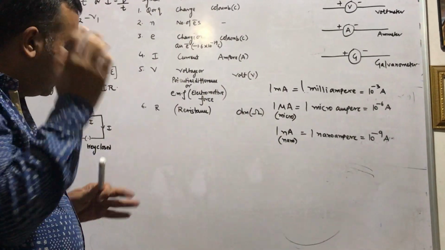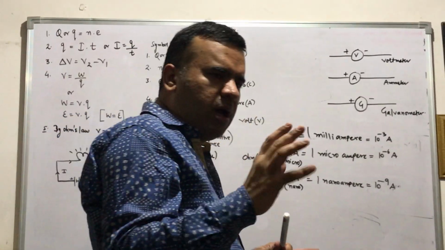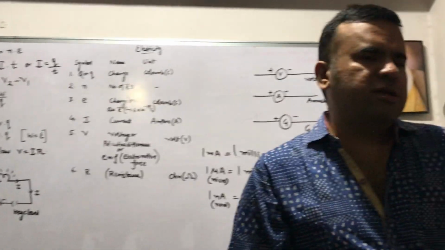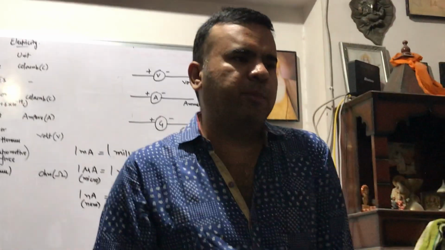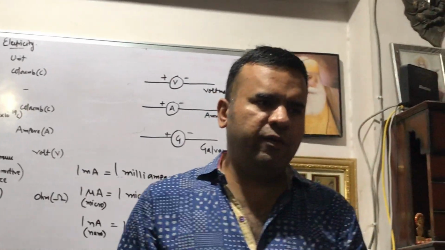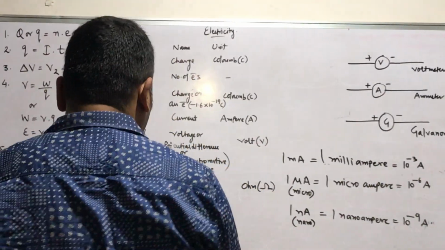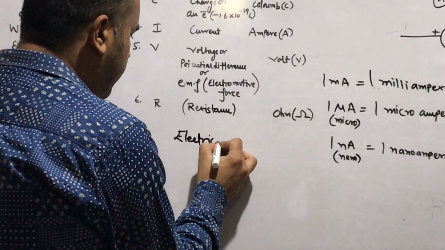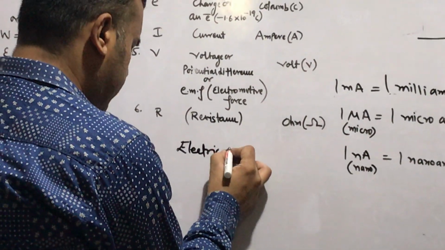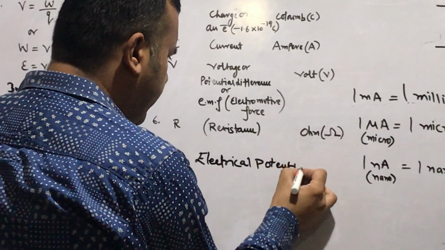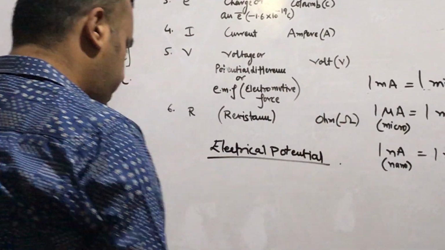Before moving back to the numericals, we have to discuss some theoretical part of this. You have to understand the difference between electric potential and potential difference. That is a very important question. But before telling you the difference between electric potential and potential difference, I would like to give you one simple example of it.